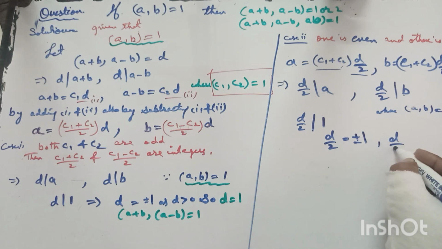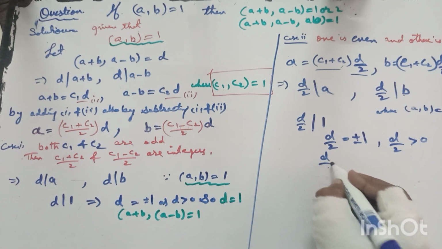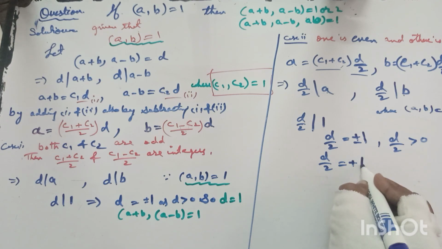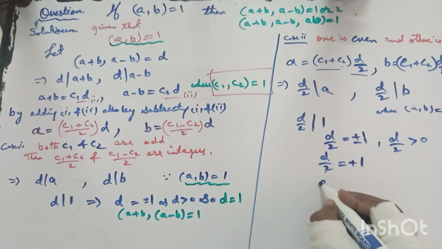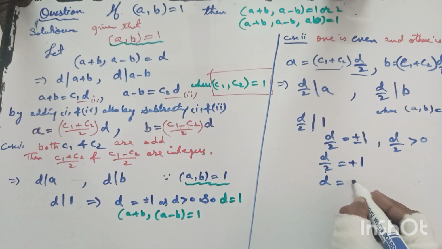And as you know, if d is a GCD, then it should be greater than 0. So d by 2 must be greater than 0, it cannot be negative. It means d by 2 is equal to plus 1. If I multiply by 2 here, then what will be the value of d? 2.